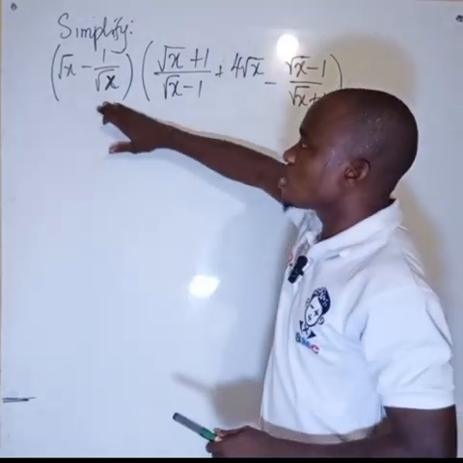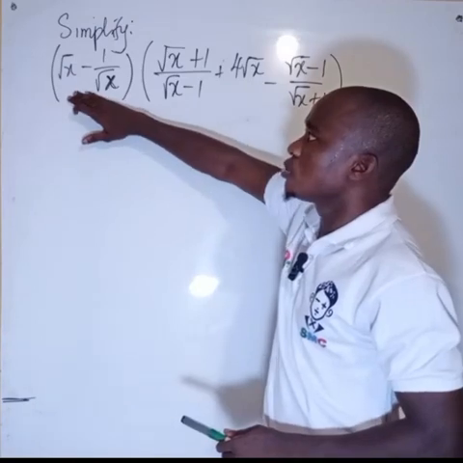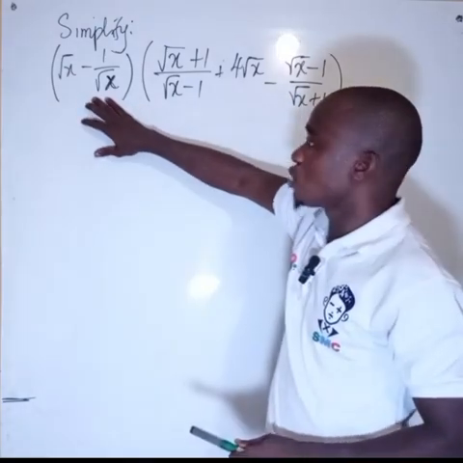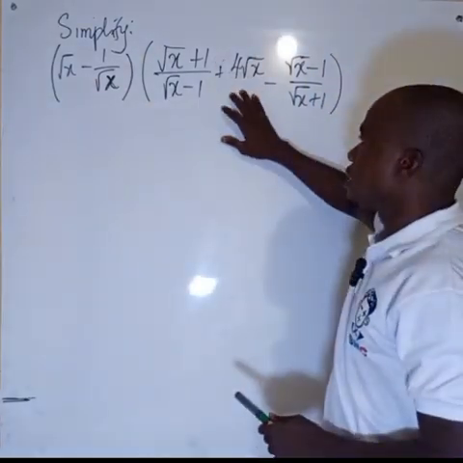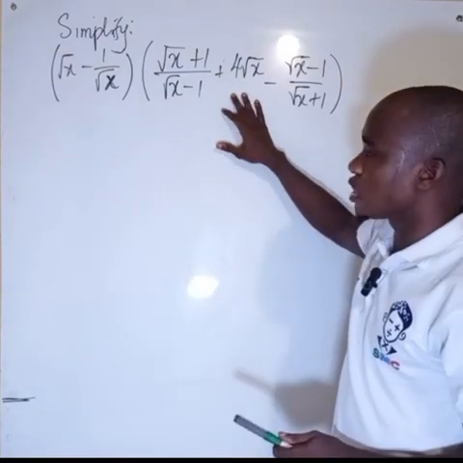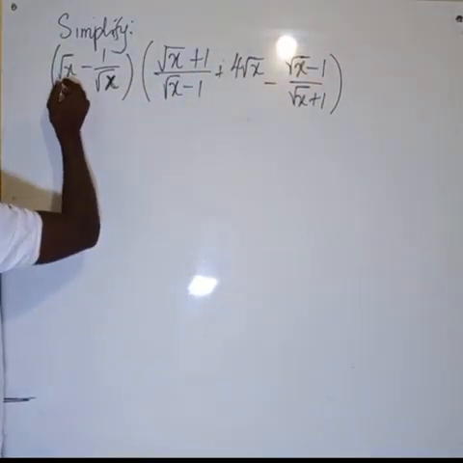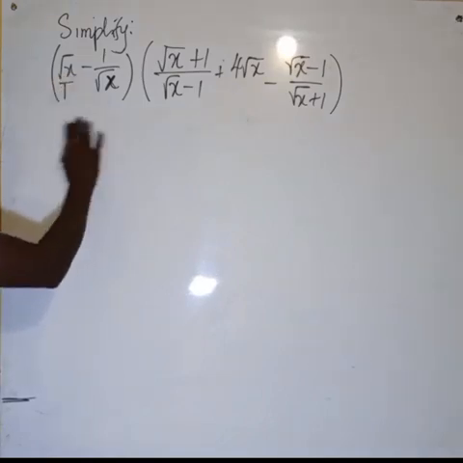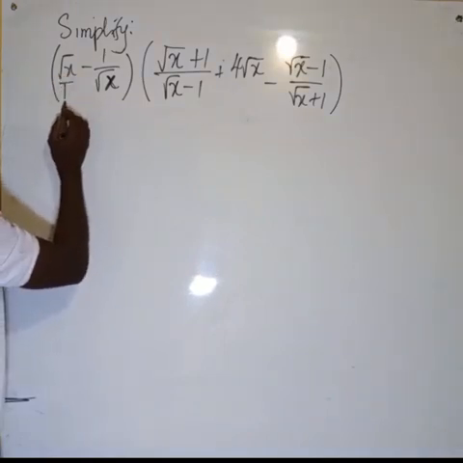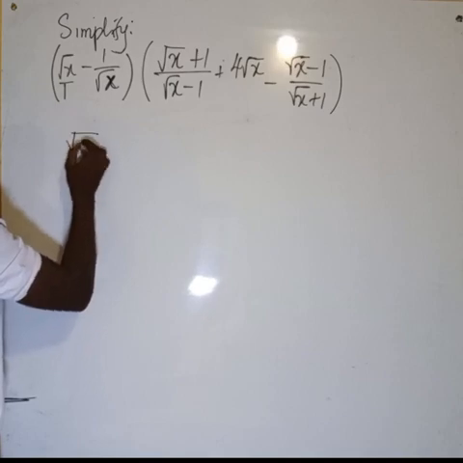Now I would like to write this first bracket as a single fraction, then followed by this, I write this one also as a single fraction. From here I want to write this over 1, so I will take the LCM of 1 and root x to be root x.